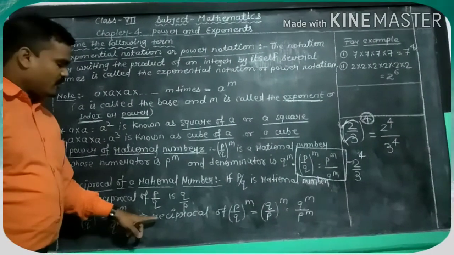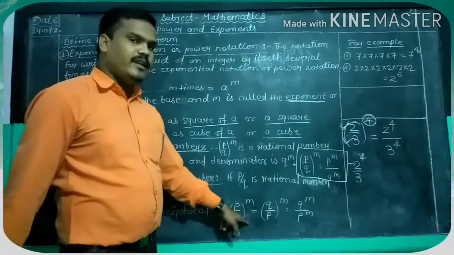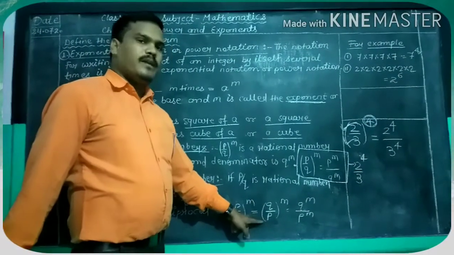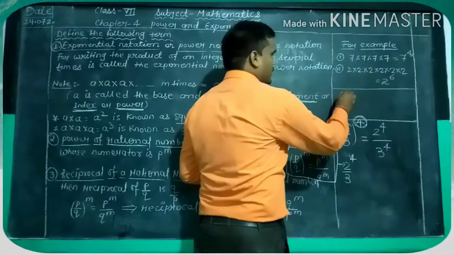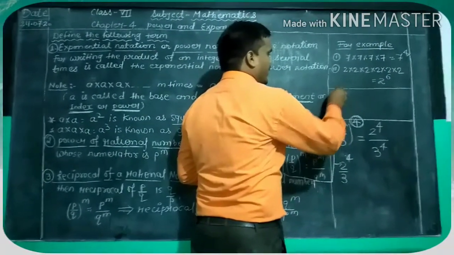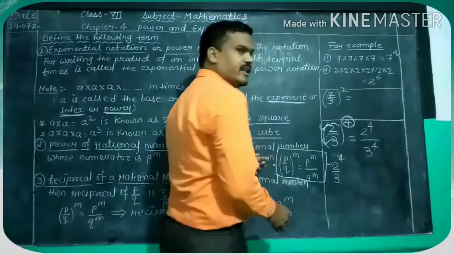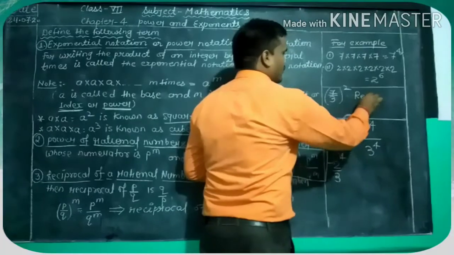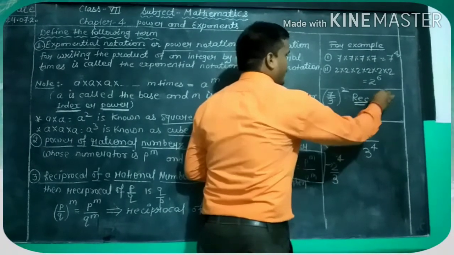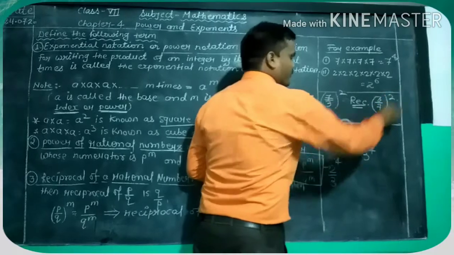And the reciprocal of (p upon q) to the power m will be (q upon p) to the power m. Once again, for example, suppose (7 upon 3) to the power 2. We can write the reciprocal as (3 upon 7) to the power 2.